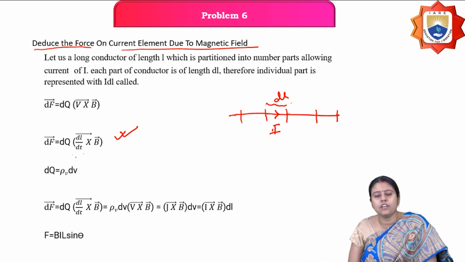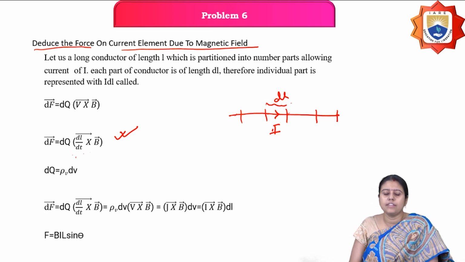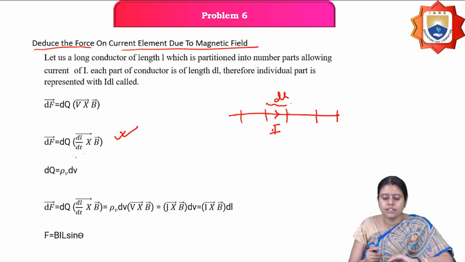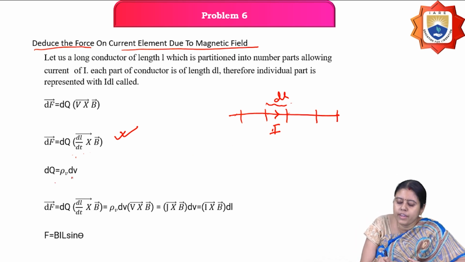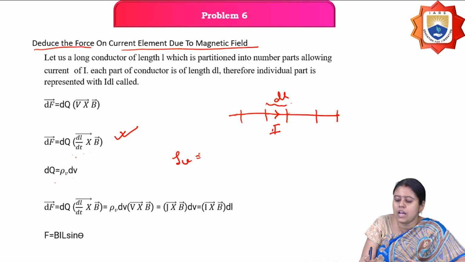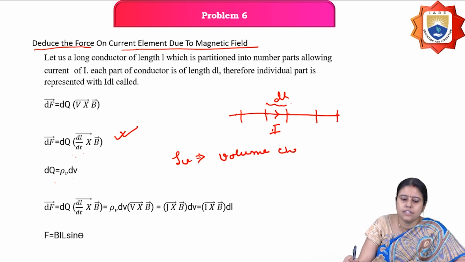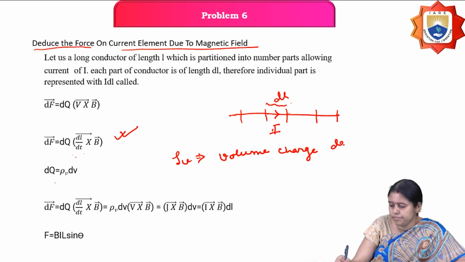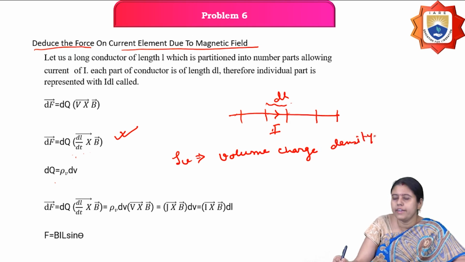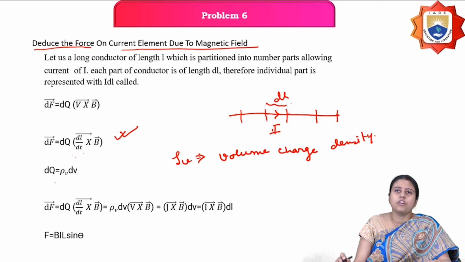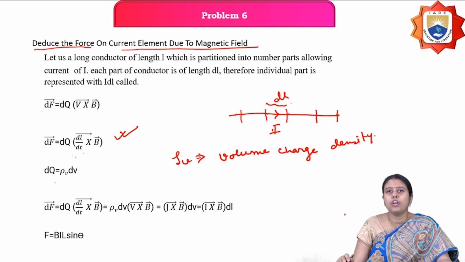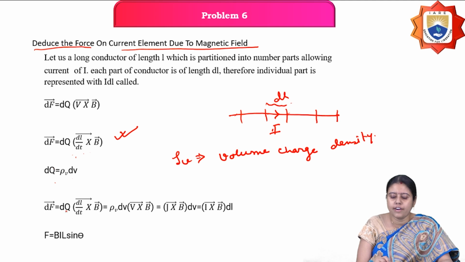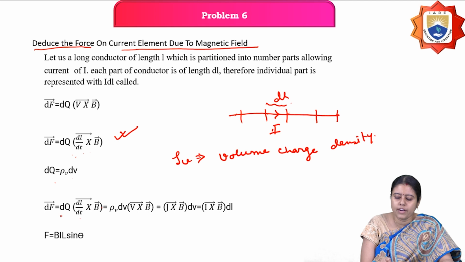We can write it in a different way, but this is the first equation we can use here. So what is dq? dq is nothing but rho v into dv, where rho v is the volume charge density. So what is dF? dF is equal to dq dl by dt cross B. This is one equation.